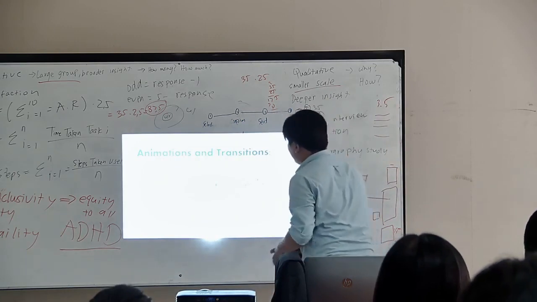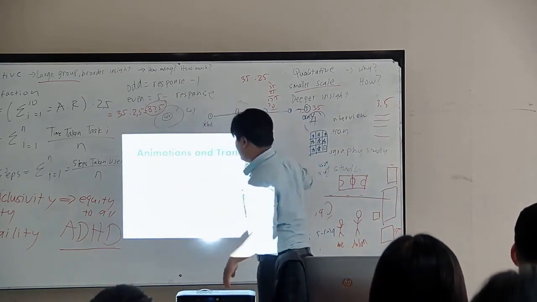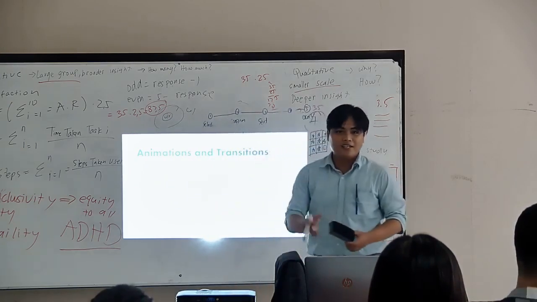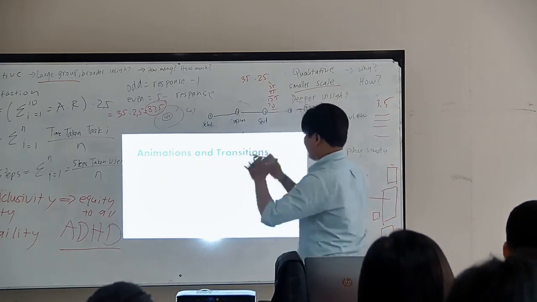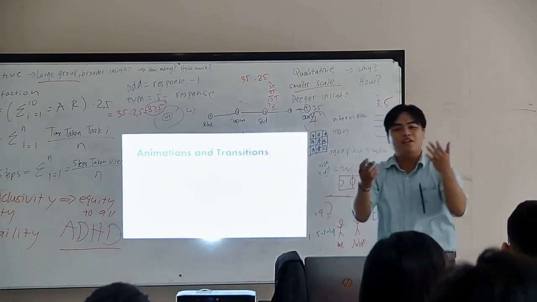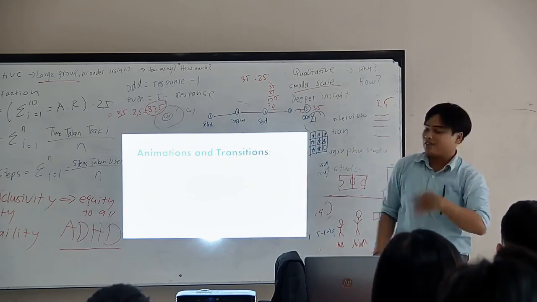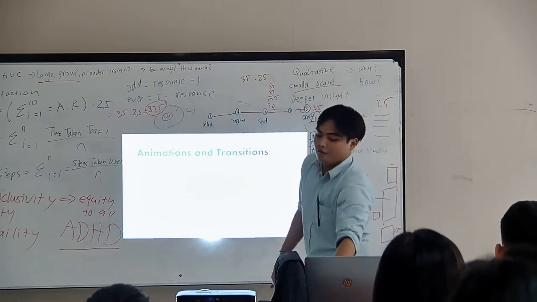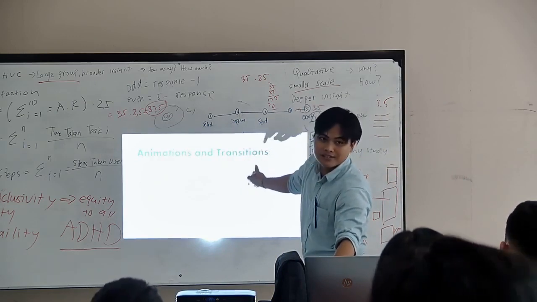We also have animation and transition. Micro interaction is something that animates inside one page. That is called animation. Page transition is when you transition from one page to the other. The example is like this. From this page into this page with nothing in between is called no transition.